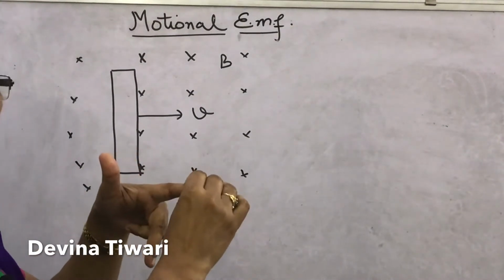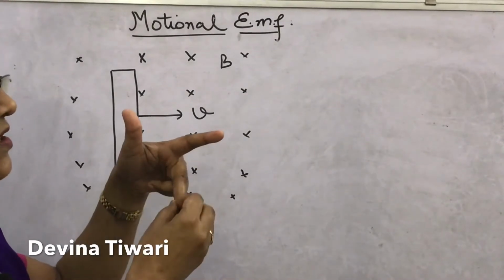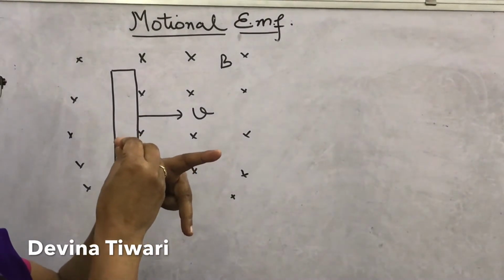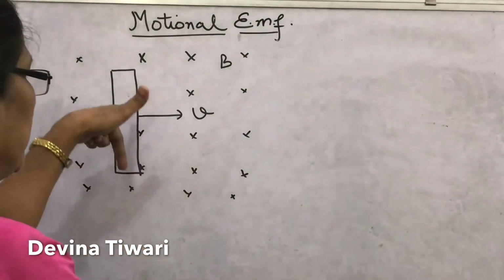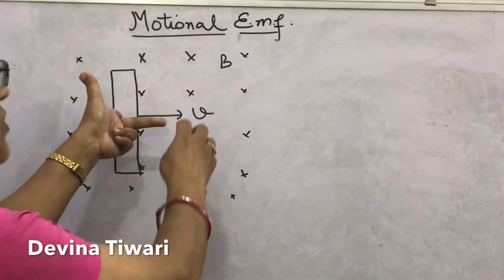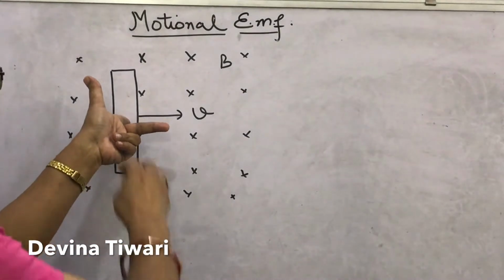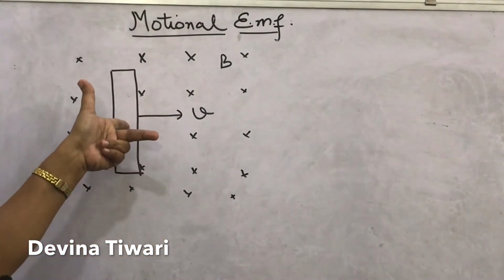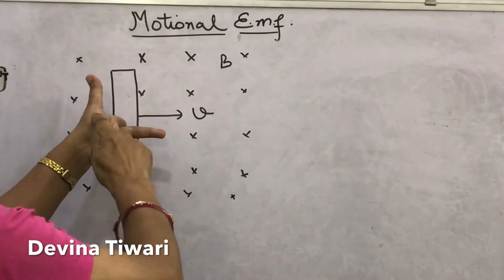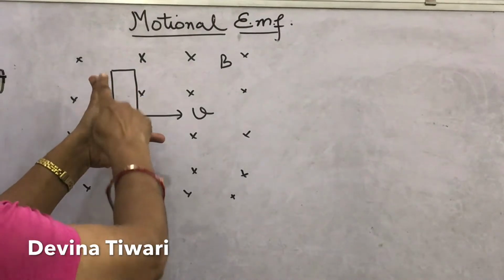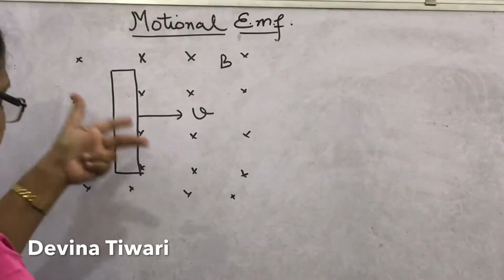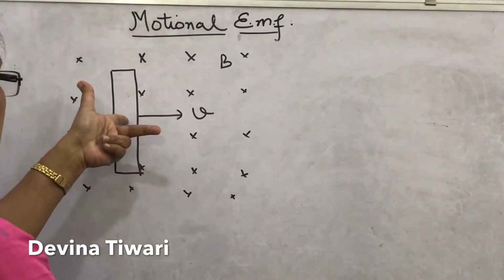This finger is the magnetic field direction, this finger is the motion of positive charge, and this finger is the force, the Lorentz force. Look here, if the magnetic field is like this and this finger denotes the motion of positive charge, then what will be the force on it? Upward. If the force represented by the thumb is upward for the positive charge, then what will be the direction of force for the negative charge?